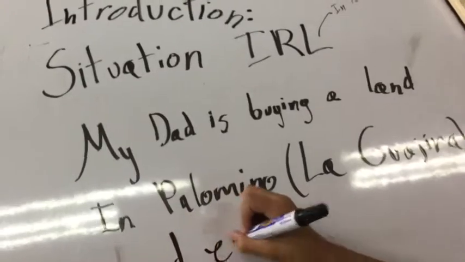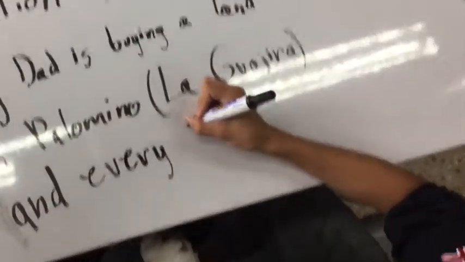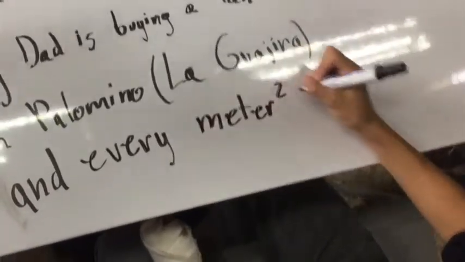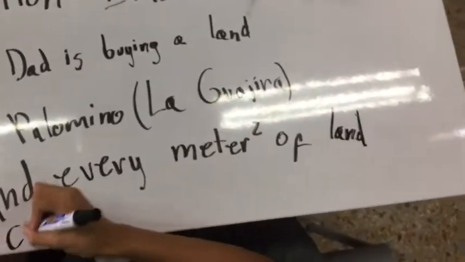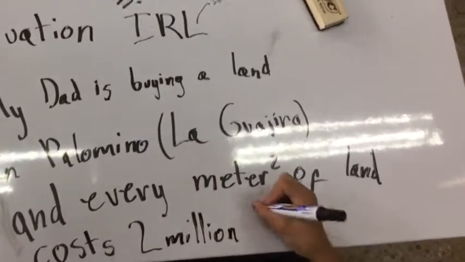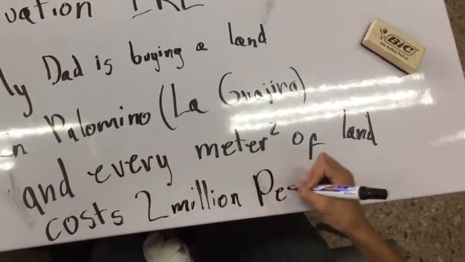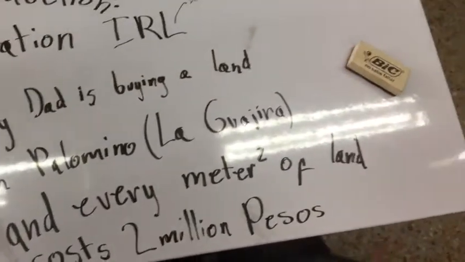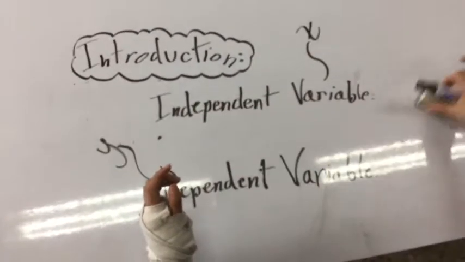The main equation is y equals 2 million times x. Our main independent variable is the amount of land bought by Camilo's dad.